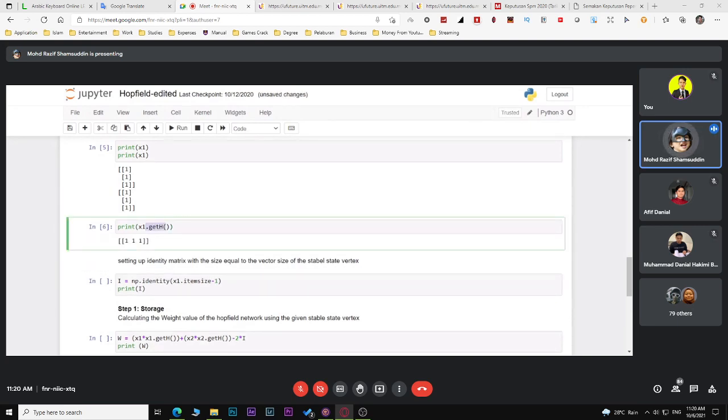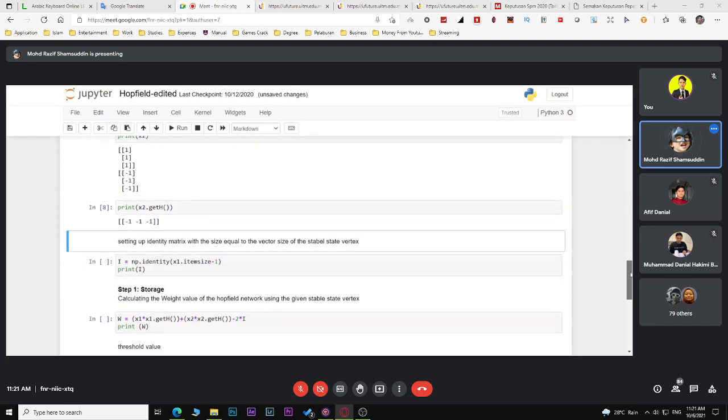Get h ni memang method of NumPy matrix. So saya tak payah buat dah. Method tu dah ada. So kita pakai je. So these are the example of a transpose. Sorry, ini x2 sepatutnya tadi. X2. Transpose X2 dia macam ni lah bentuk dia.